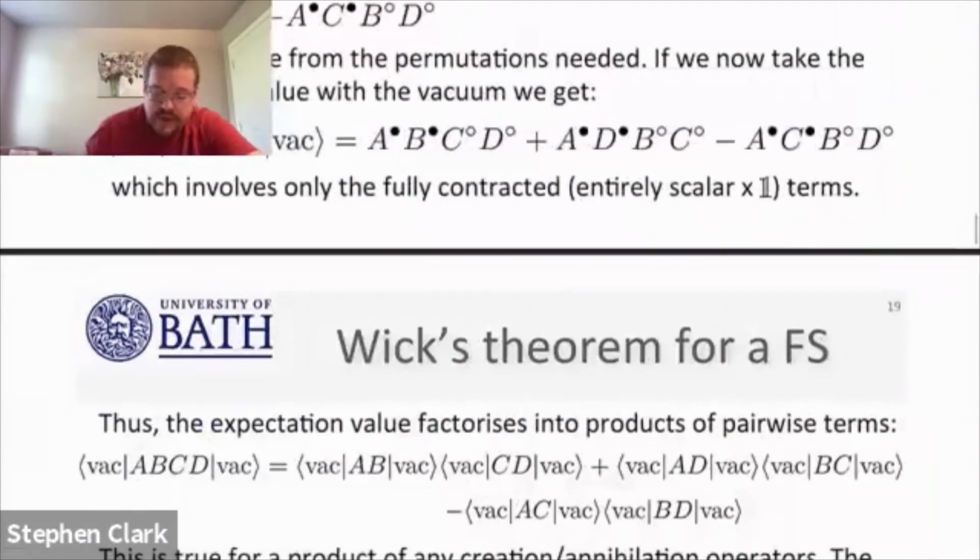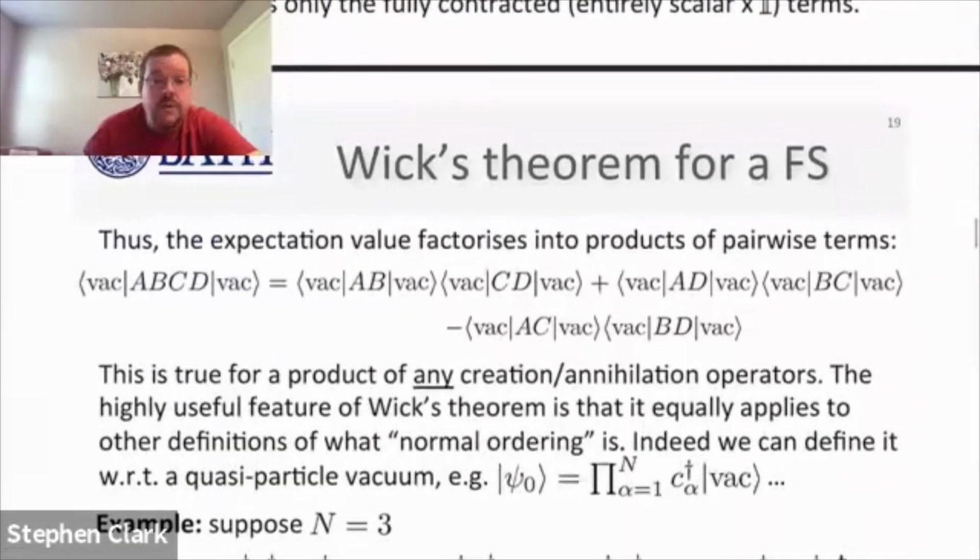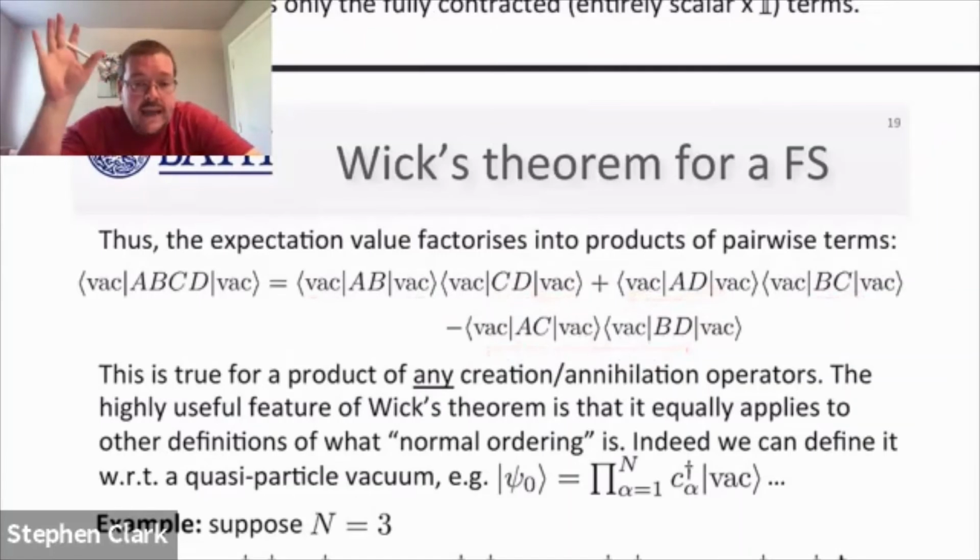Another way of writing that is the expectation value of the vacuum for products of creation and annihilation operators factorizes into these products. The vacuum expectation value of AB, the vacuum expectation value of CD, etc., minus these. There's 3 terms. And this is true for any creation and annihilation operators. They can be in any basis.